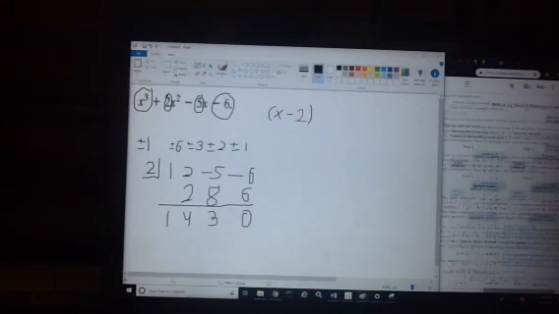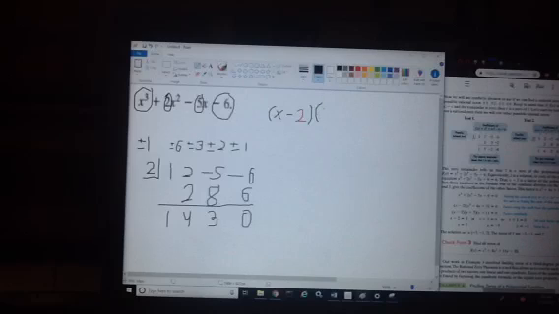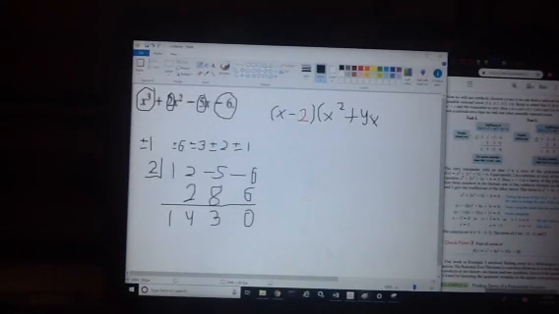If we factor out x minus 2, we end up with x squared plus 4x plus 3 equals 0. Okay? So now we need to factor this trinomial here.